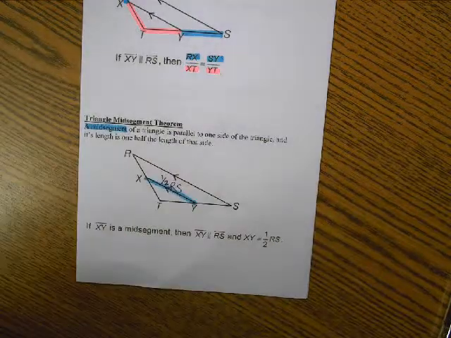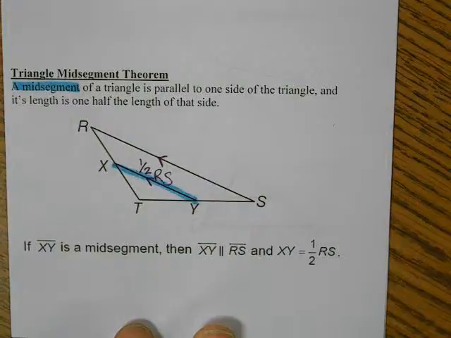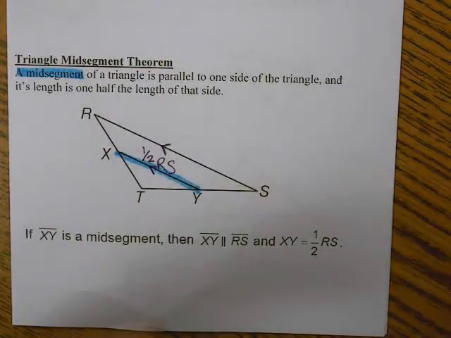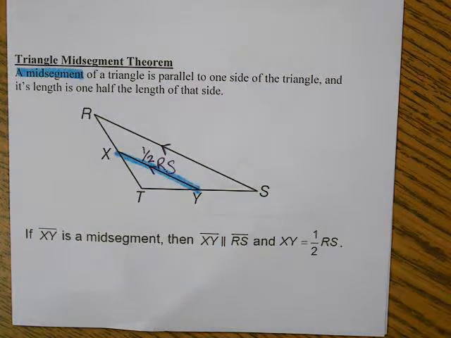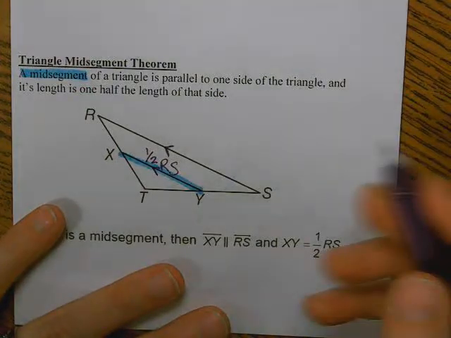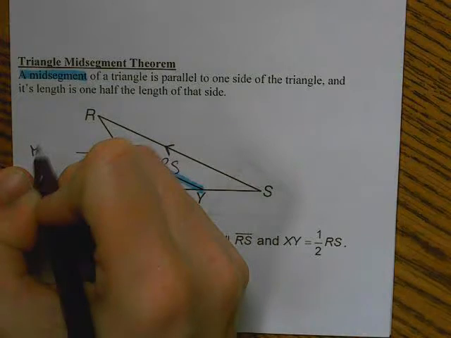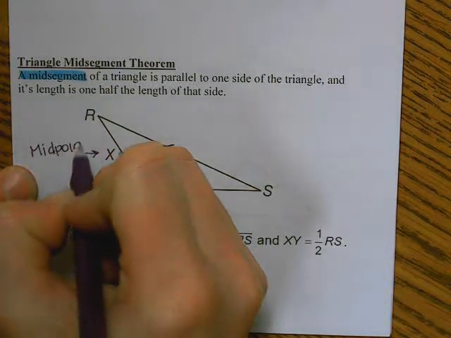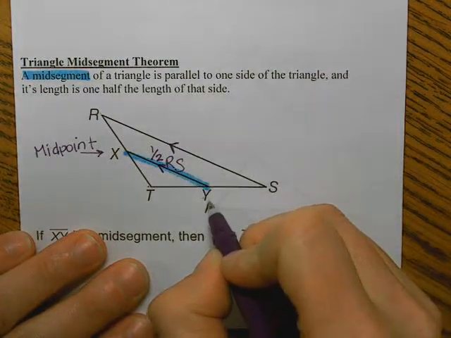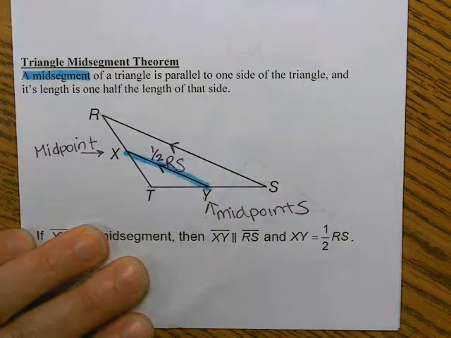That's a midsegment. And why do we call it a midsegment? Well, there's a couple of reasons. Number one, it's in the middle of the triangle, and it is a segment. So midsegment means it's halfway in the middle, and it's a length. But then also, it means that this point X right here is the midpoint of this line RT, and this point Y right here is also a midpoint of TS.